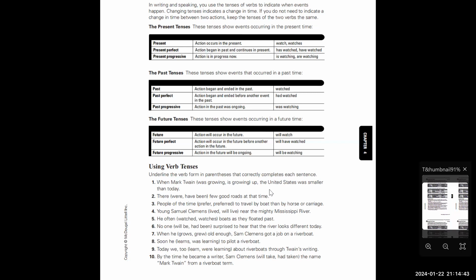Okay, number three. Just look for clue words so you can answer.